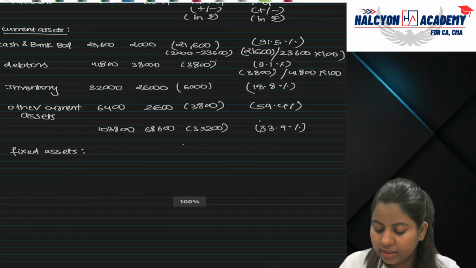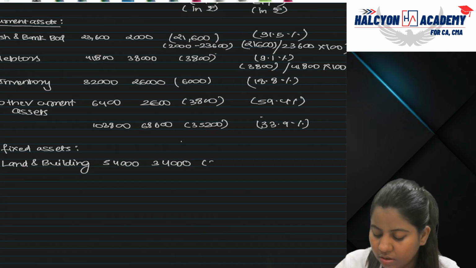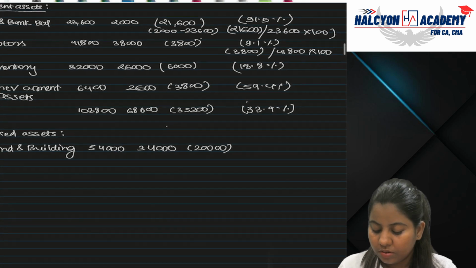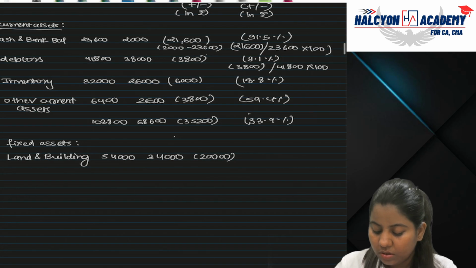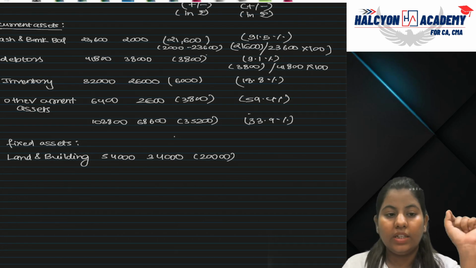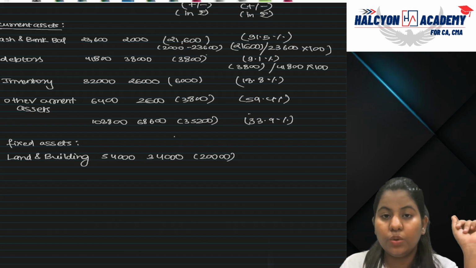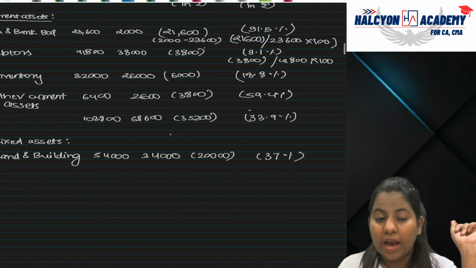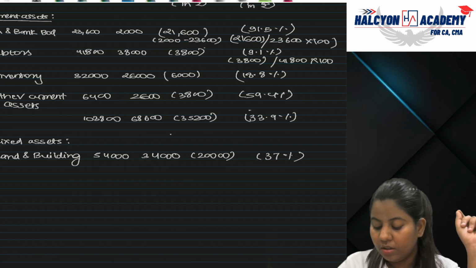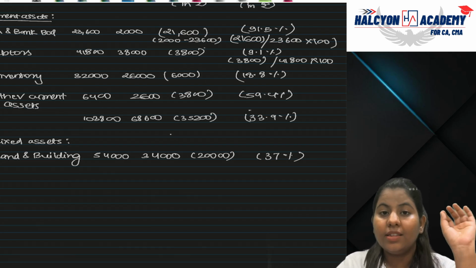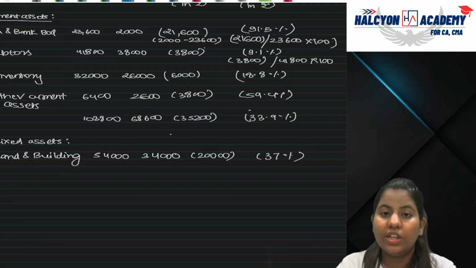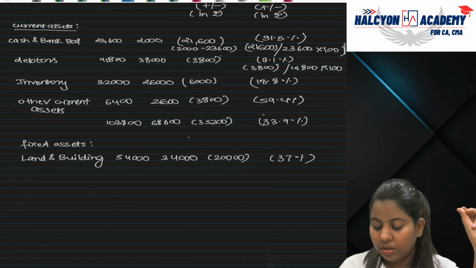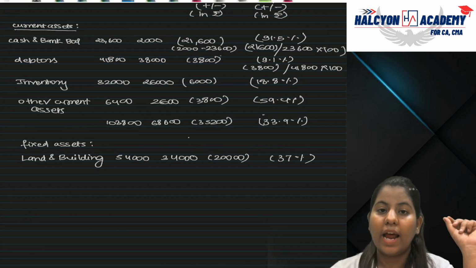So there is a decrease of 20,000 rupees. And what will be the percentage change? It will be minus 20,000 divided by 54,000 into 100. It will be minus 37%. I am doing it fast because it is a very simple topic and there are very simple calculations. So there is a decrease of 37% in land and building.